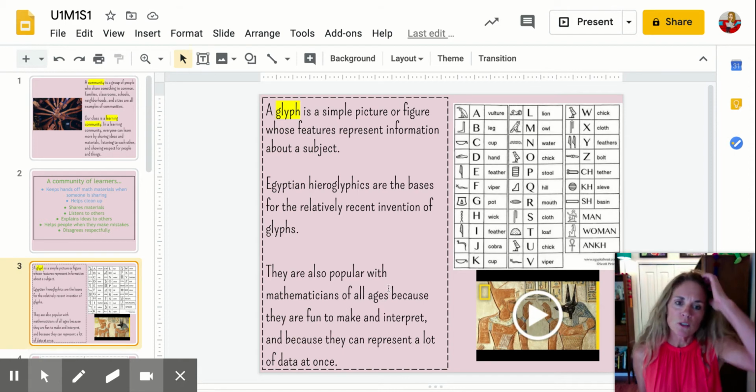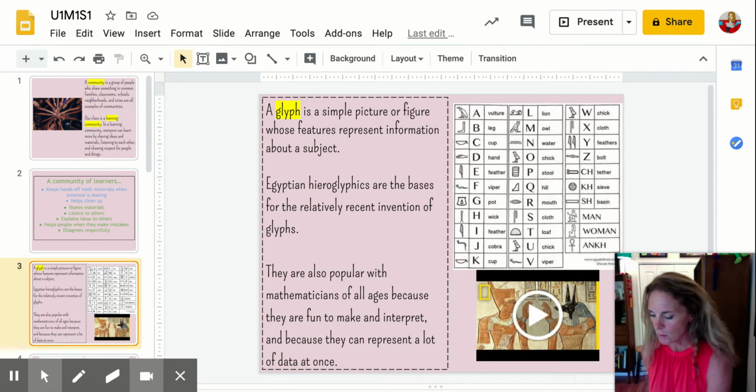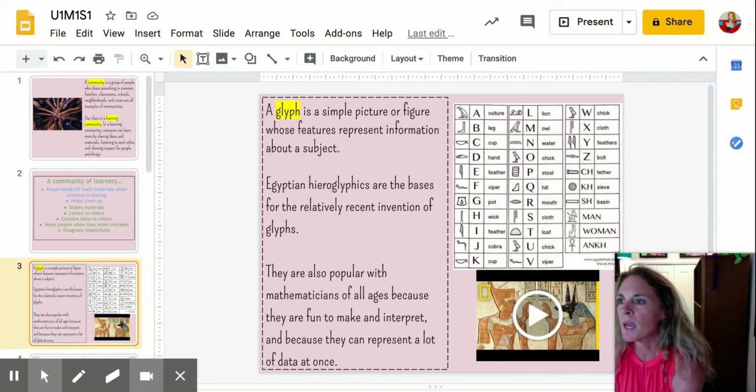So mathematicians really like using pictures to teach you something, and you have already made a glyph when you... oh no, I'm drawing a blank on the name of the assignment. What was the assignment that we did where you had little pictures?